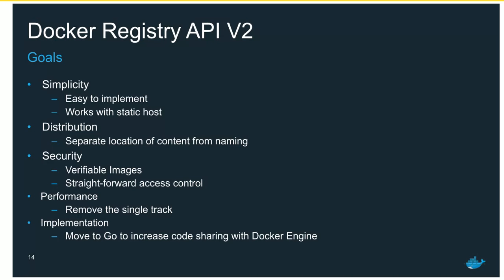Security-wise, we wanted verifiable images and straightforward access control. And we wanted a protocol that could be implemented in a much more performant manner and remove the single track that I talked about with the V1 layer layout. And we also wanted to move to Go to increase the code sharing with the Docker engine.